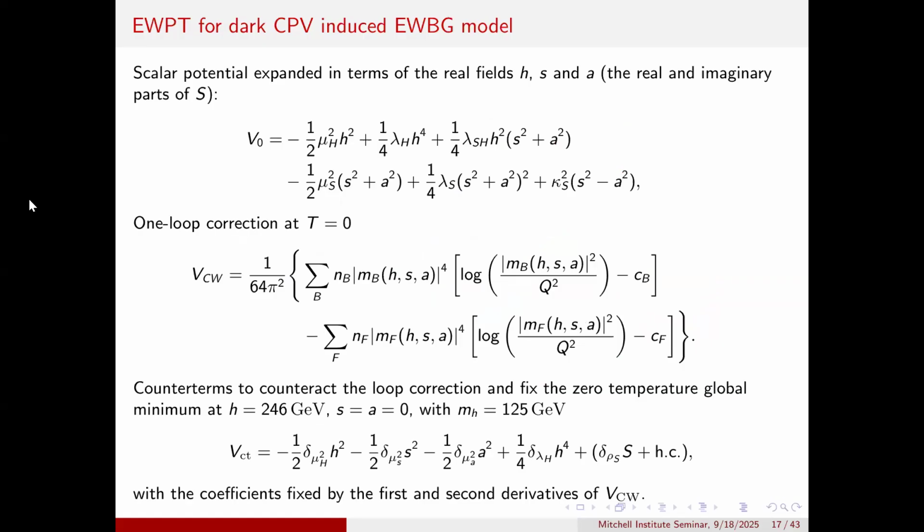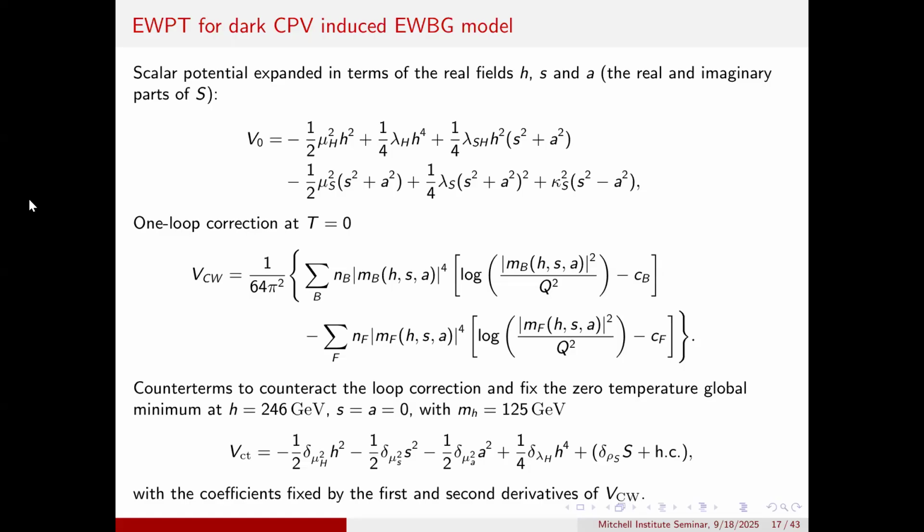Then I will focus on the phase transition history of this model, which is crucial. So again, we write down the scalar potential, the effective potential at one-loop level at finite temperature. So we start with the tree-level potential, which we can expand in terms of all the real fields.